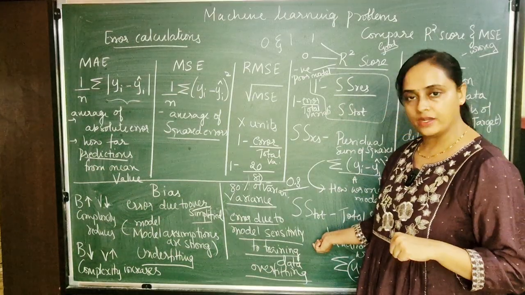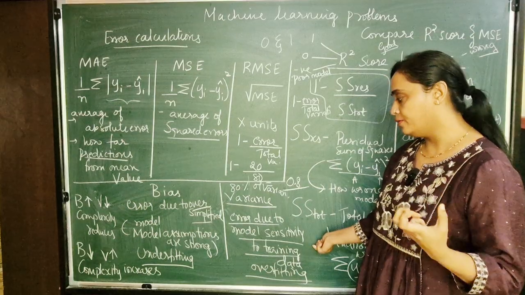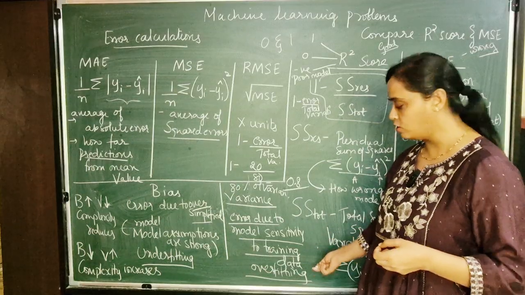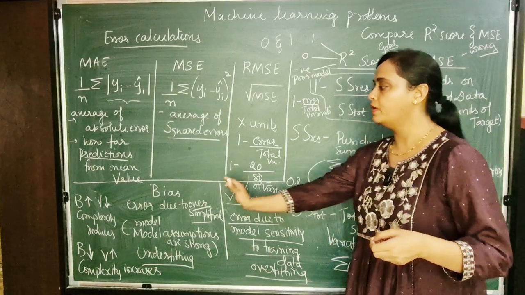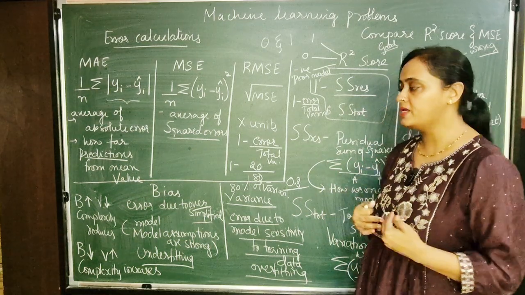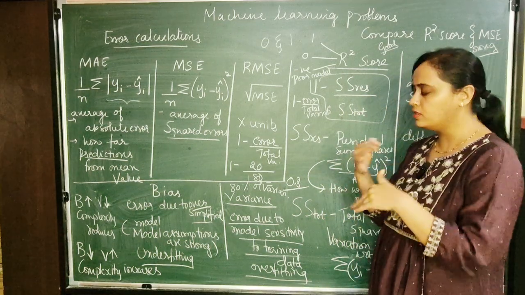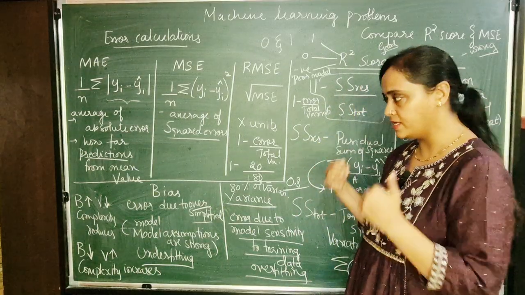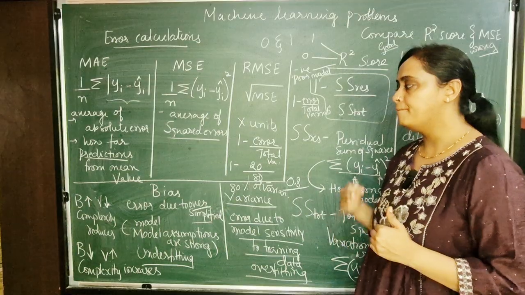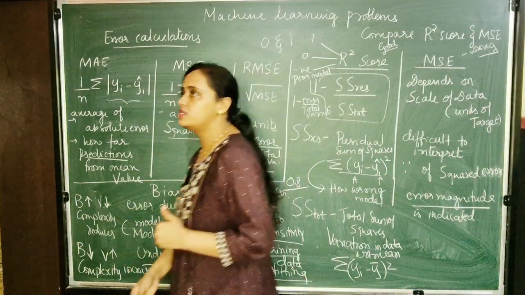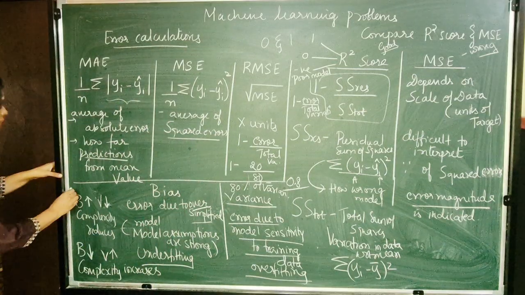This is error due to model sensitivity to training data, because of which there is overfitting. Now, when reducing the model complexity is necessary, go with high bias and low variance. So this is how I have mapped the trade-off.